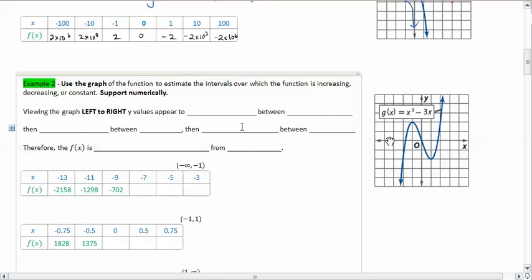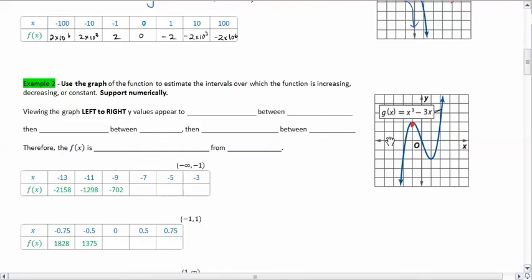Okay, example 2, use the graph of the function to estimate the intervals over which the function is increasing, decreasing, or constant. Support numerically. Okay, so if we look at this, we have g of x equals x cubed minus 3x. It looks like we have a curve up, and then we get to some point, we curve down. We get to some other point, we curve back up. So the point that it looks like we switch at is negative 1.